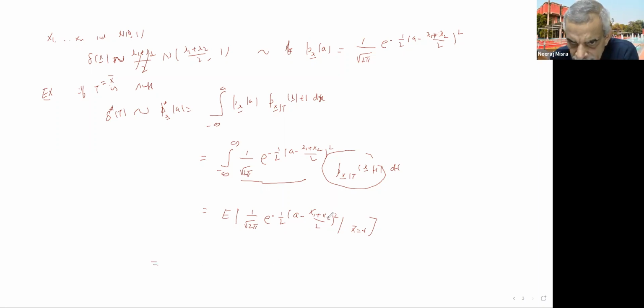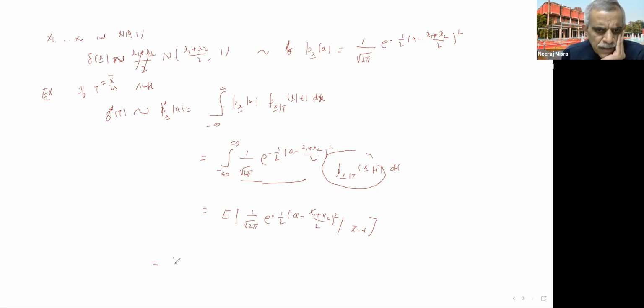So I try to use some ancillary statistic over here. I know that x1 plus x2 by 2 minus x bar would be ancillary, right? Because x1 plus x2 by 2 would be normal with mean theta and something, and x bar also has mean theta. They are linear, so the mean would be 0.